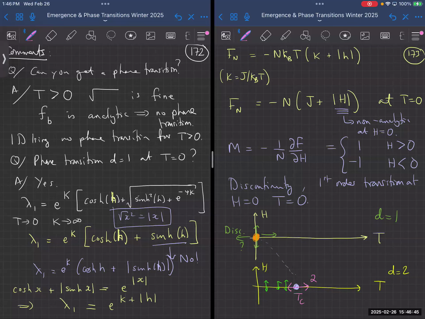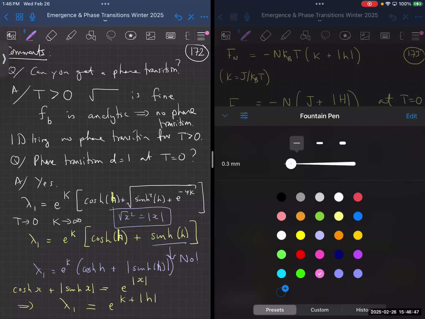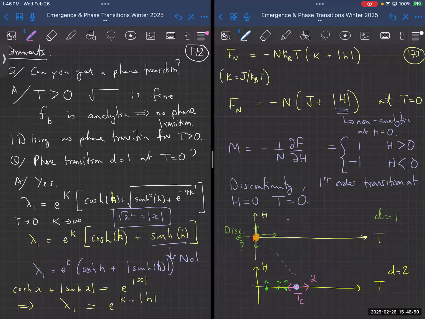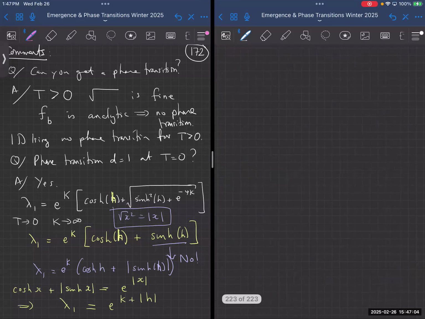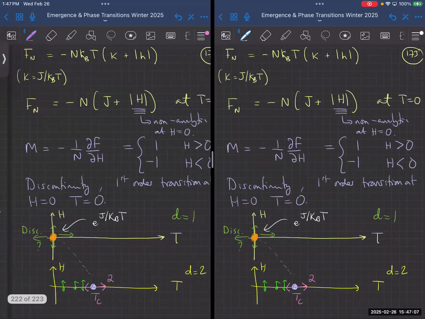Going towards T equals 0, this is going as e to the J over kBT. So it's not a power law divergence. It's some kind of essential singularity. So that's what's happening at 0 temperature.